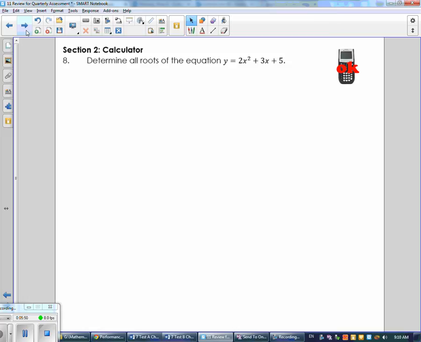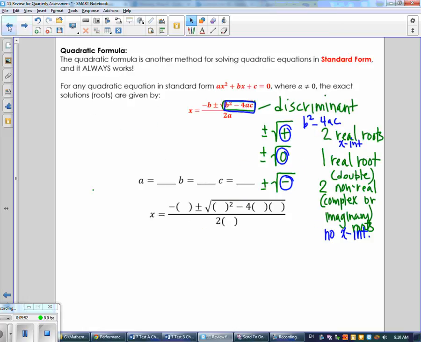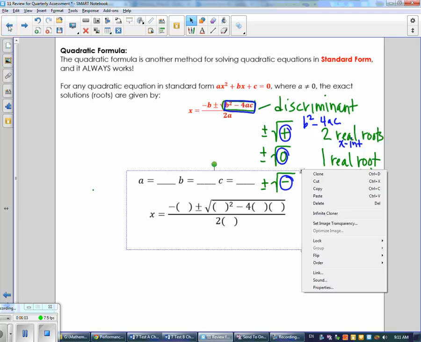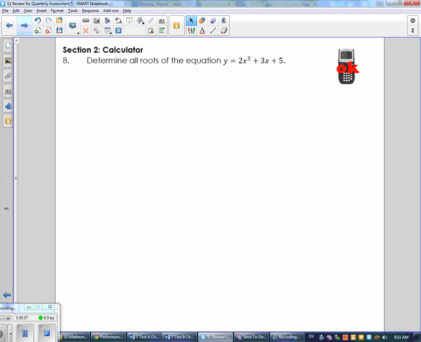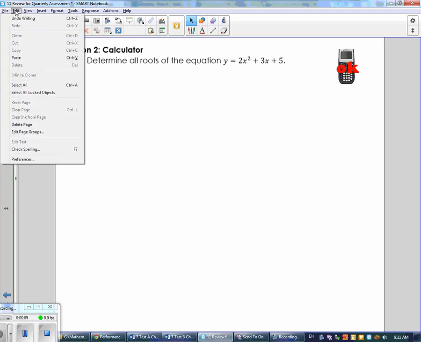And again, let me go back to what we showed you before. The quadratic formula is simply negative b plus or minus the square root of b squared minus 4ac over 2a. So I'm actually just going to copy and paste it on this page.